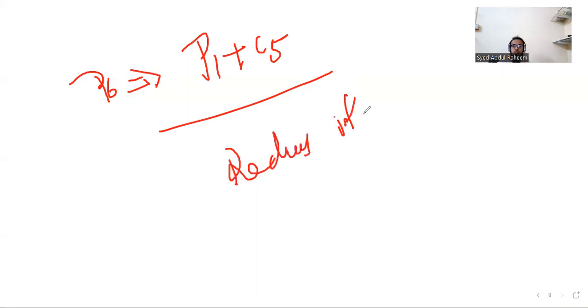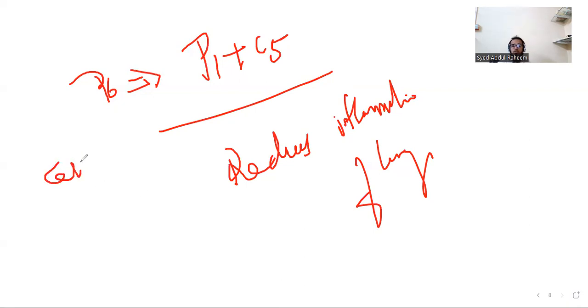What it works on: we have bronchitis, alveolitis, tracheitis. So it will reduce the inflammation and it will work on cellular degeneration of the cells of lungs.